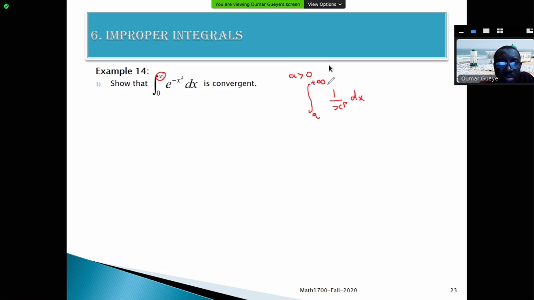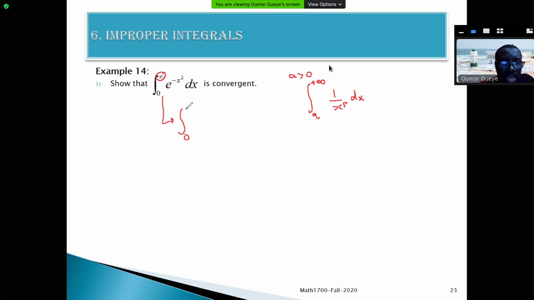And to use a similar integral, the lower limit should be greater than 0, not equal to 0 as we have here. That's why I'm going to split my integral into two integrals. I'm going to integrate from 0 to any number.